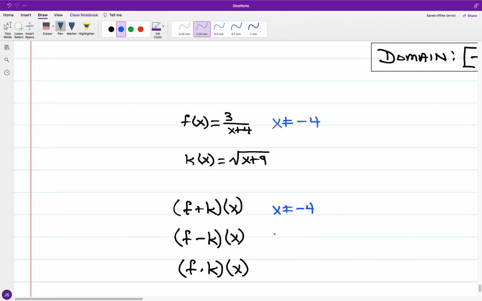So throughout, x cannot be -4. Now for k of x, we had the square root of x plus 9. And again, for k of x, to keep this radical expression defined, x has to be greater than or equal to -9.